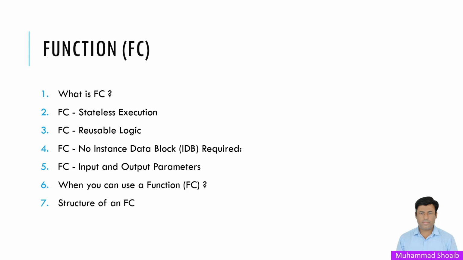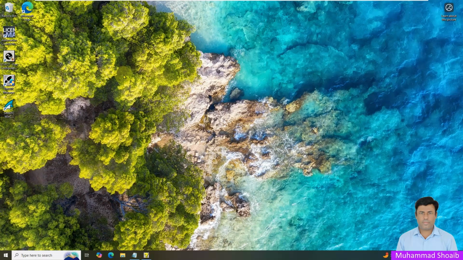And temporary variables are used within an FC but discarded after the execution. In the coming tutorial videos, we'll also use temporary variables and input and output parameters. So let's see practically how we can configure an FC in the Semantic.